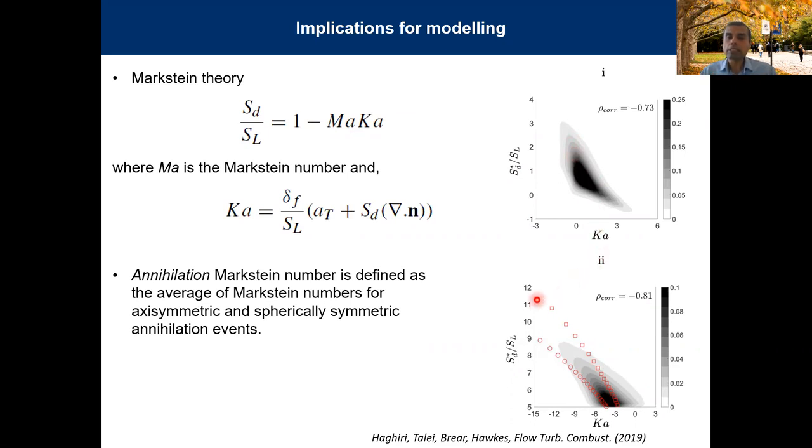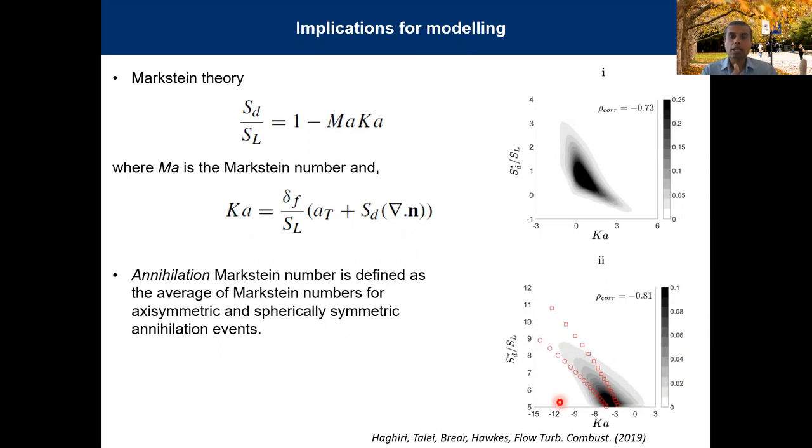So what we did was to look at the annihilation events only, filtering them based on the values of ST over SL. As I said, they have very short time scales. So we said, if the displacement speed is higher than a certain threshold, these values are related to annihilation events.